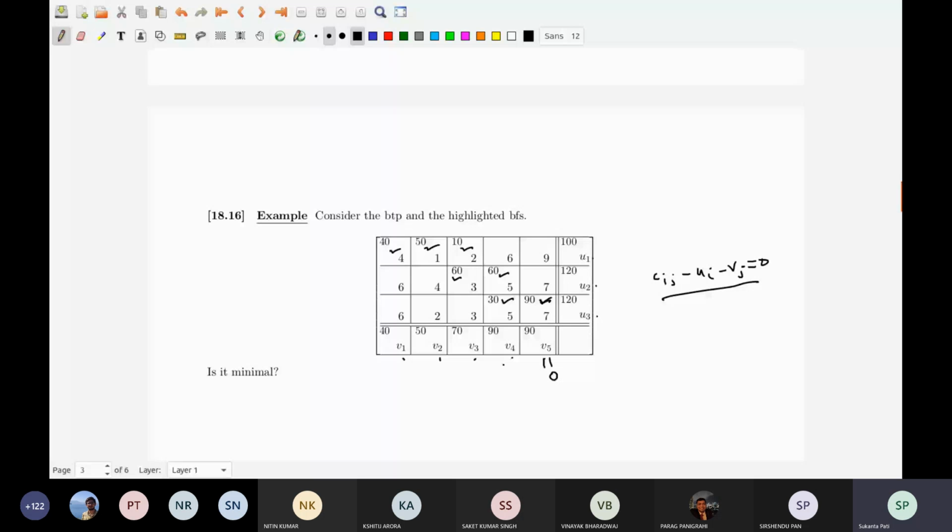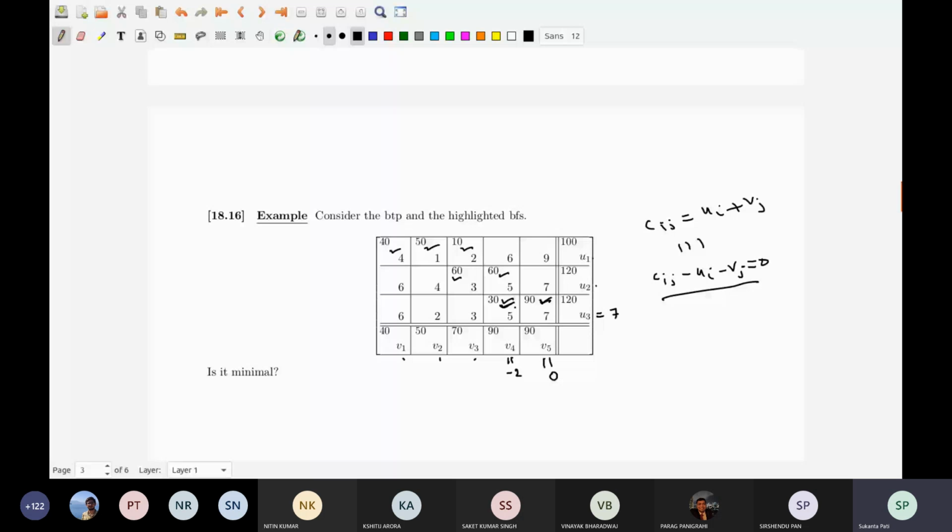So this is equivalent to saying that Cij on a basic square is equal to ui plus vj. So this is 7. The moment I have u3 equal to 7, apply it on this square 3, 4, where it is 30. What will happen? That will say v4 has to be equal to minus 2. So I am following the strike off procedure, or you can also go through the tree via the pendant vertices.